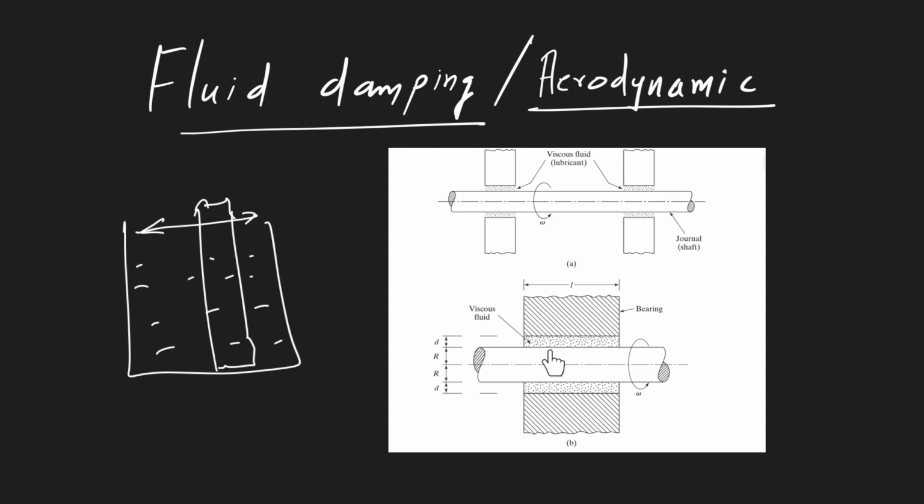Here it will be moving with the same velocity as that of the shaft. Then there will be certain shear stress created, and this will also result in some energy being lost.